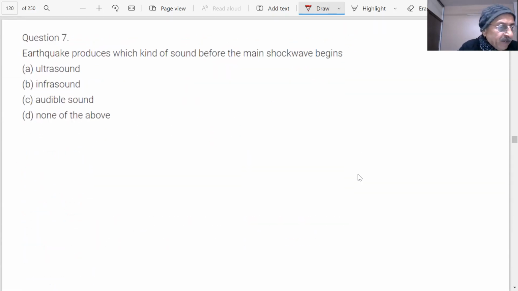Another question is coming, students. What kind of sound does an earthquake produce before the main shock wave begins? Shock waves are coming, but before that, something else is also coming. What is coming in an earthquake before the shock waves? Ultrasound, infrasound, audible sound, none of the above. Sir, something is coming.